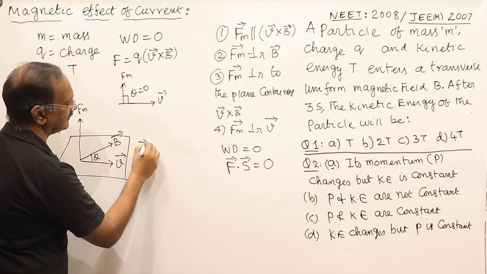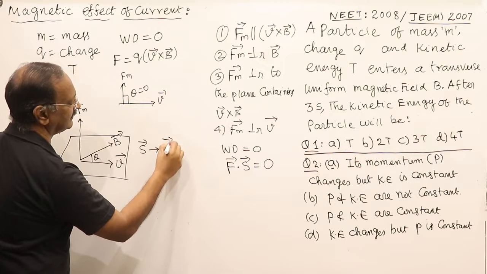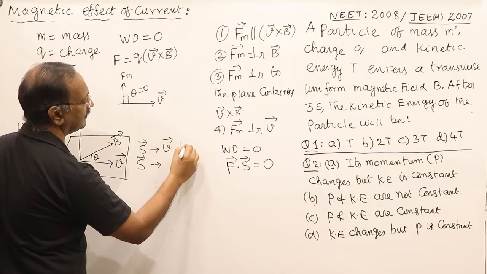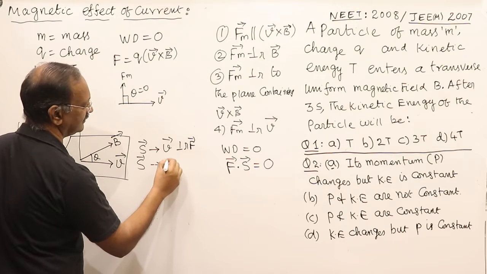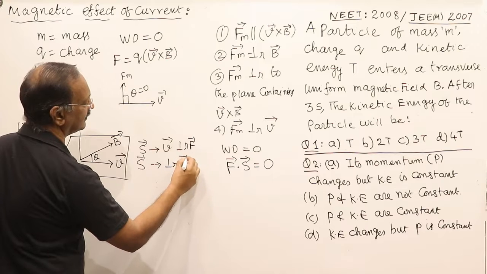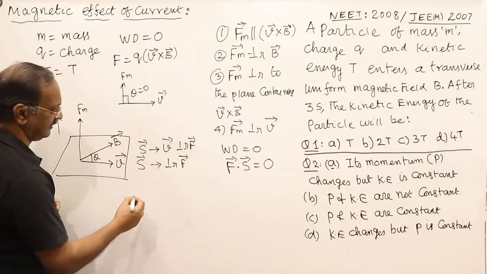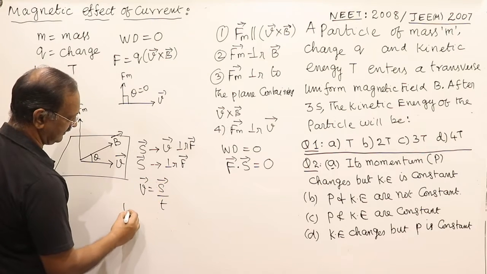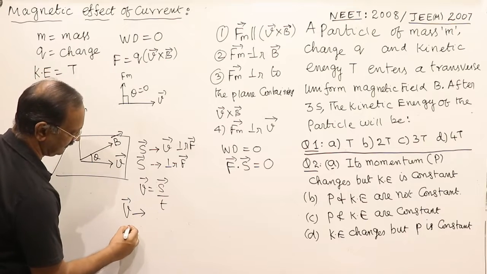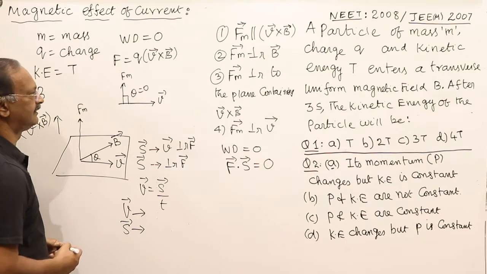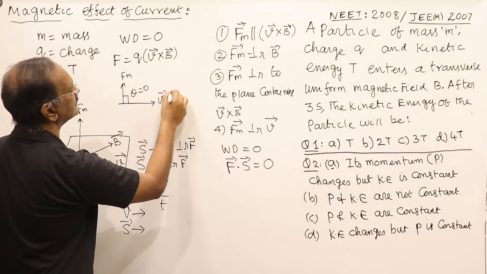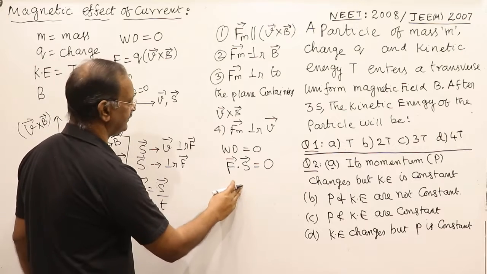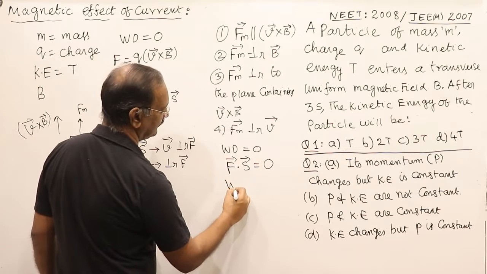The displacement is also in the direction of velocity, because velocity is displacement by time, so displacement has the same direction as velocity. So S is also perpendicular to the Fm vector. Hence F dot S is equal to 0.